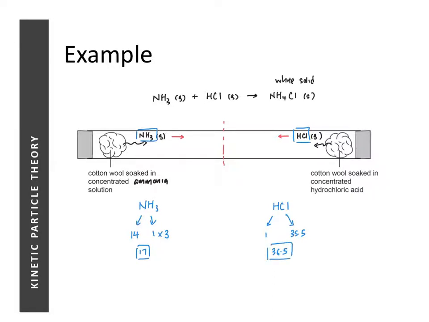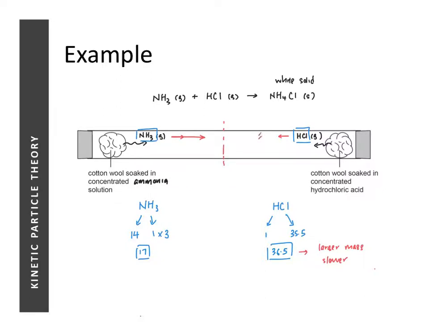Now, if we compare the masses of both gas particles, you will realize that hydrogen chloride has a larger mass. Larger mass meaning the rate of diffusion will be slower. Alright, so what happens is that ammonia, having diffused faster, will cover a larger distance compared to hydrogen chloride in the same period of time.